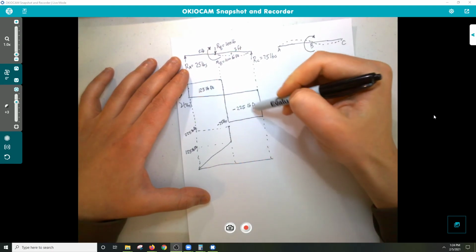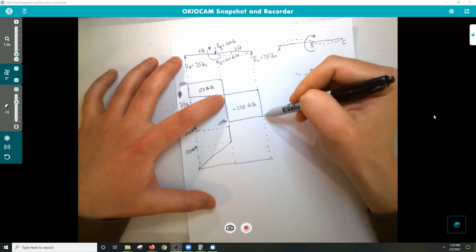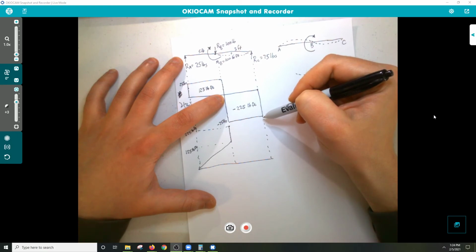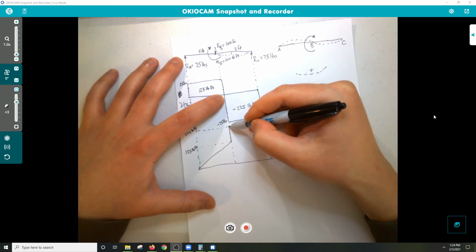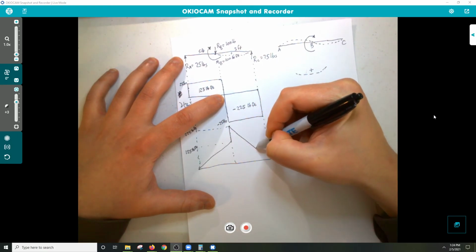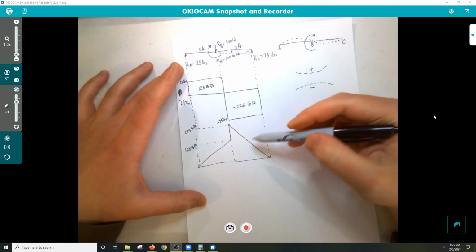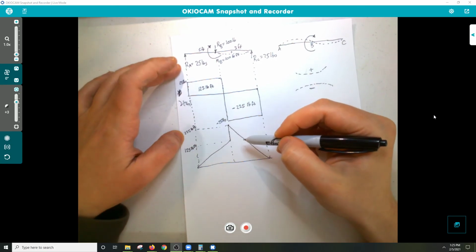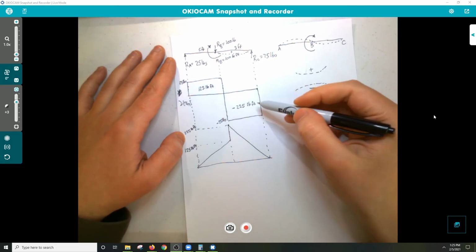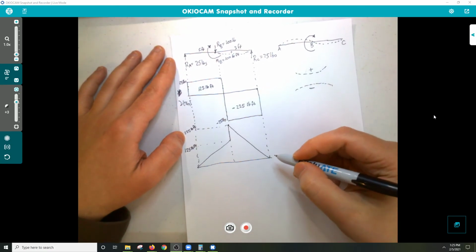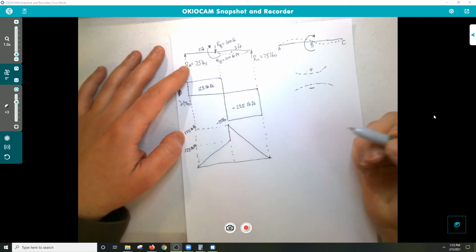And then, as I said, for this last portion, our area is underneath the curve. So we just subtract that area, again at a slope in the negative direction because we're below the x-axis. And again, this brings us back down to 0. We are at positive 225, and then we subtracted 225 from that, which brings us back to 0.